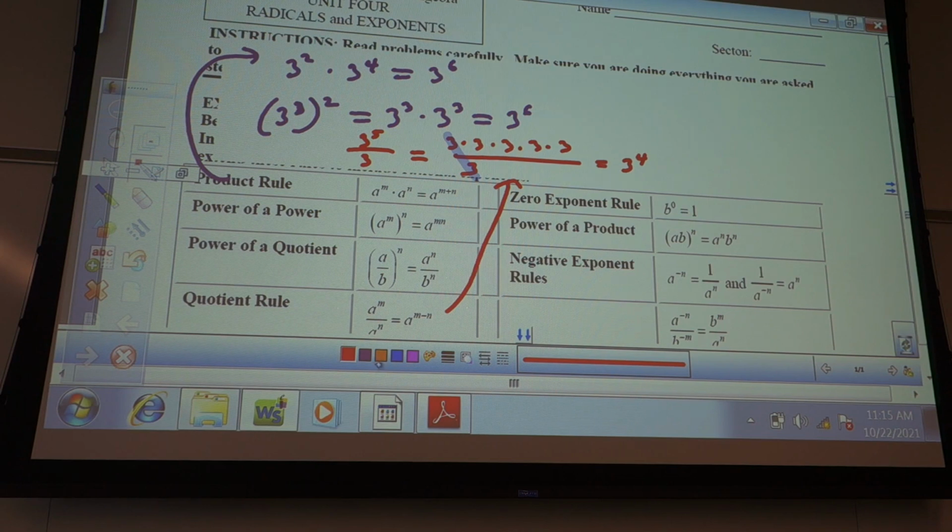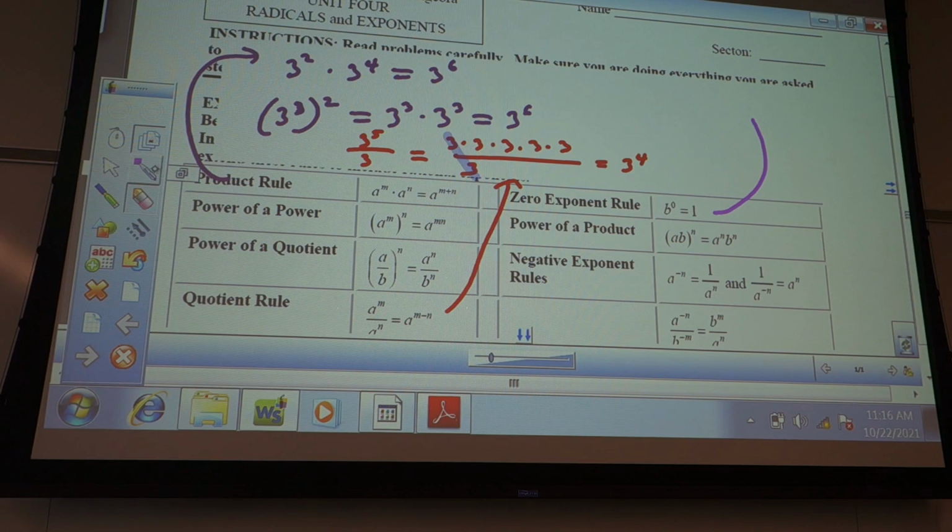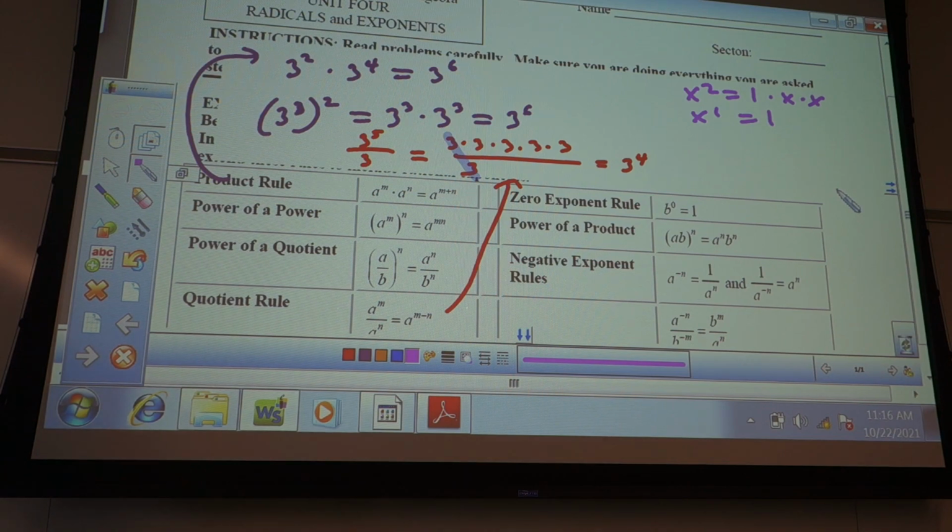Right, so these are sort of all the different things. And then we also talked briefly about how any number to the 0 power is just 1. Remember, I talked about before how x to the second is 1 times x times x. X to the first is 1 times x, because remember, in addition you always start with an invisible 0.